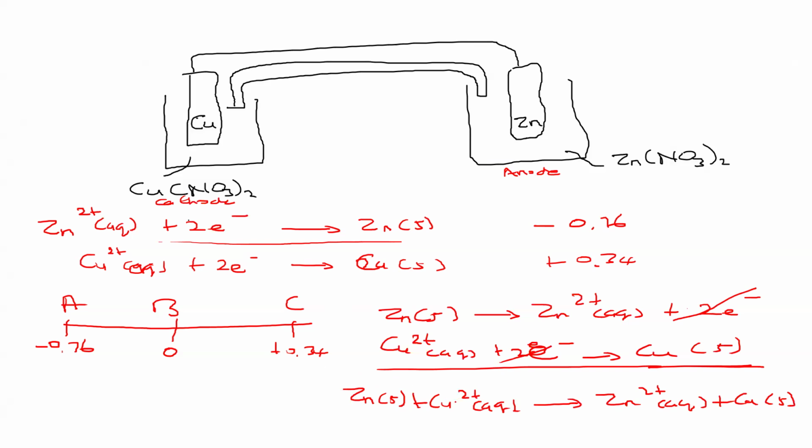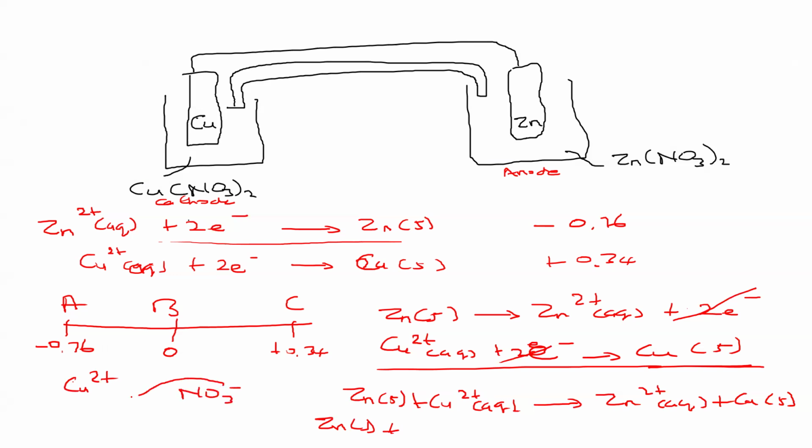So that's the net reaction. But if you are including the nitrate, then you get something like this. In this case we did not include the electrolyte, so you react them with it. Remember, you have Cu 2+ reacting with NO3 minus.